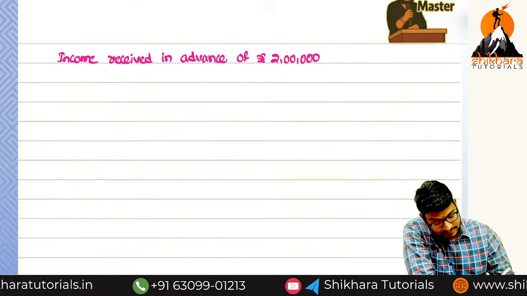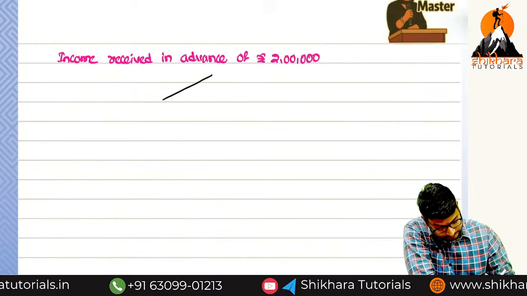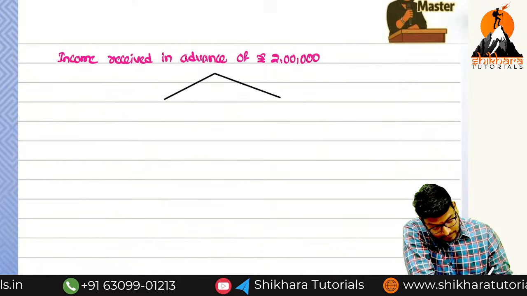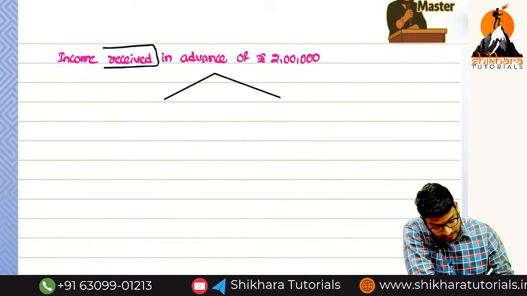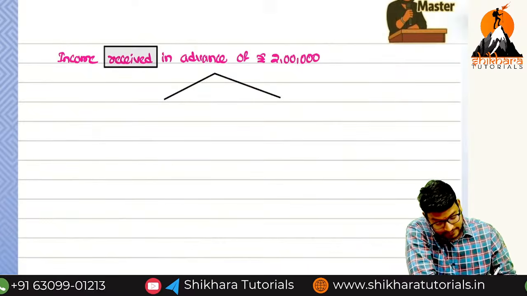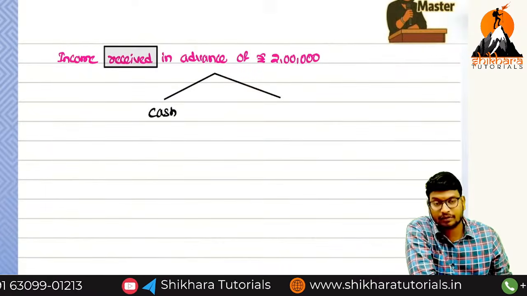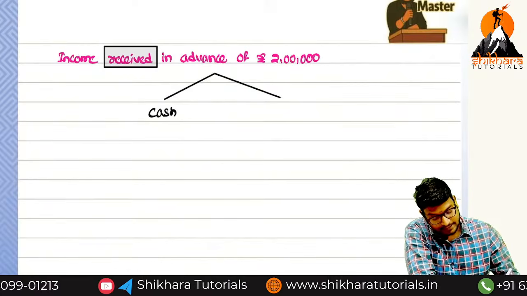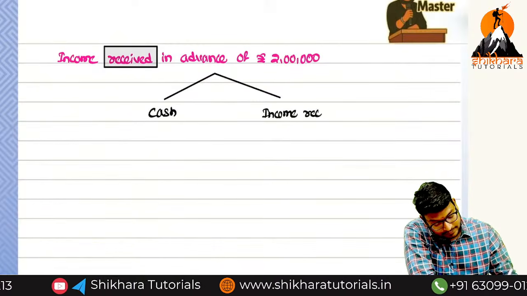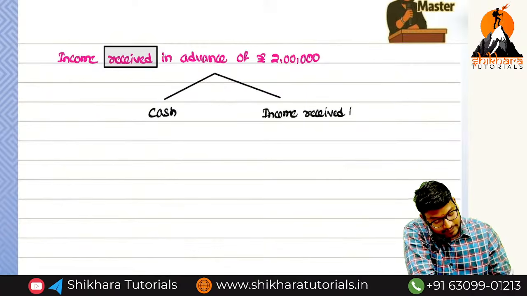The two outcomes are, already there is a word called received. Received means cash is already coming into the picture. So one of the outcomes is cash, and the next one is income received in advance.